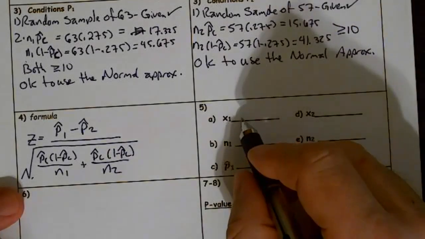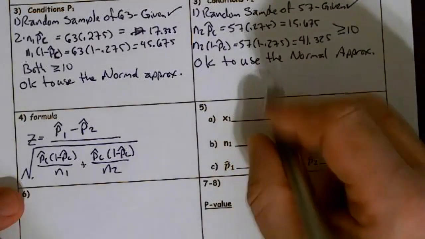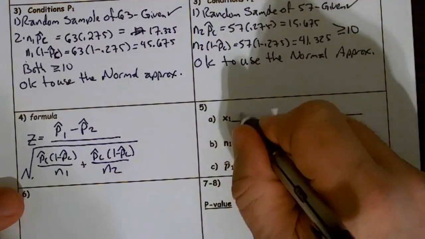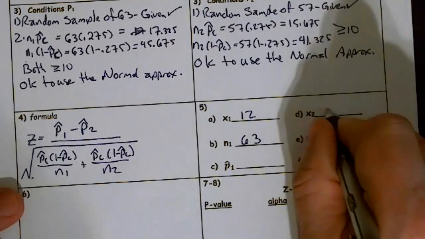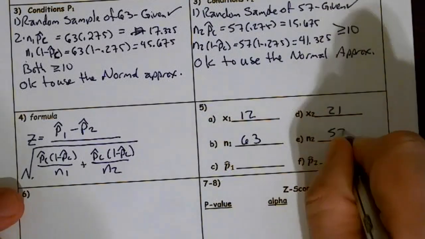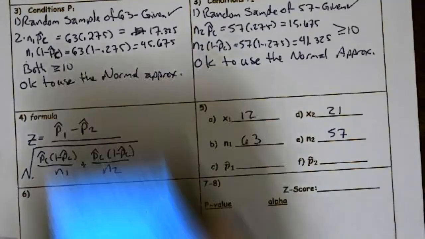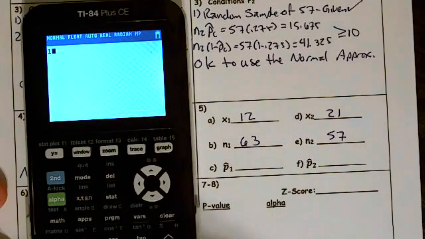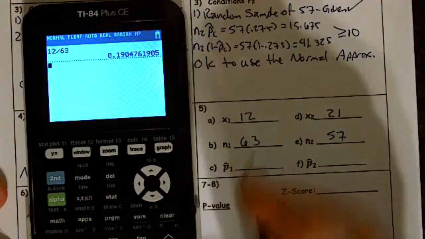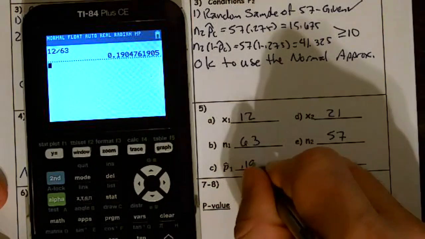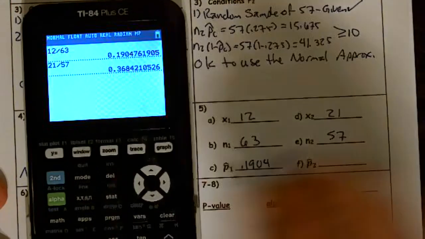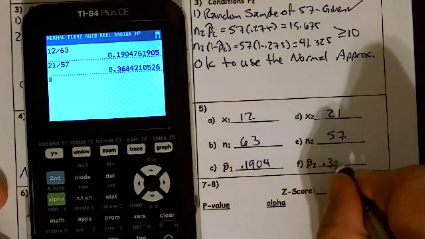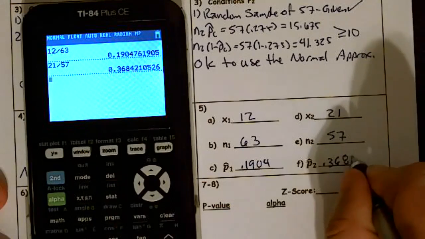Next one, what is getting tiring, is 12 over 63. This is 21 over 57. 12 divided by 63 is 0.1904. If you wanted to leave it as a fraction, you could. 21 divided by 57, if you want to leave that as a fraction, you can, is 0.3684.